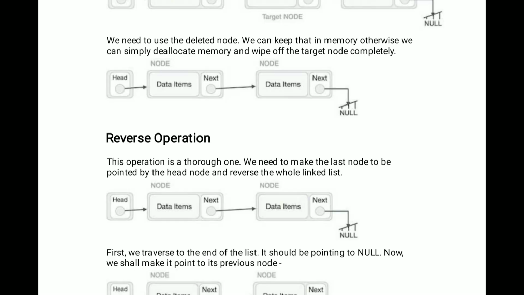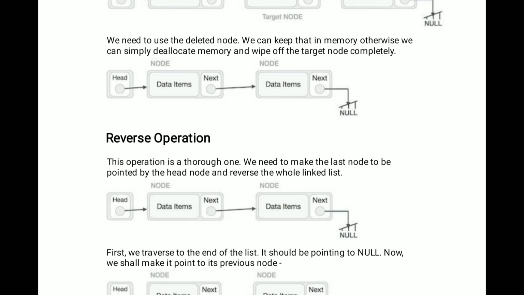The next operation is the reverse operation. Here we need to make the last node be pointed to by the head node. Reversing means that the list will be reversed.